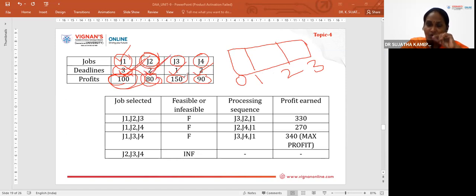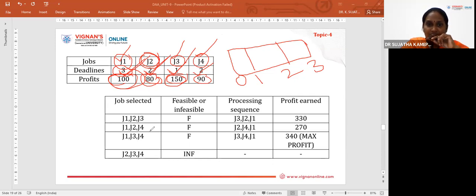Person 3 wants to pay an amount of 150, but he can wait up to only 1 hour. Person 4 pays an amount of 90 rupees, but he can wait up to 2 hours. So these are the deadlines given.